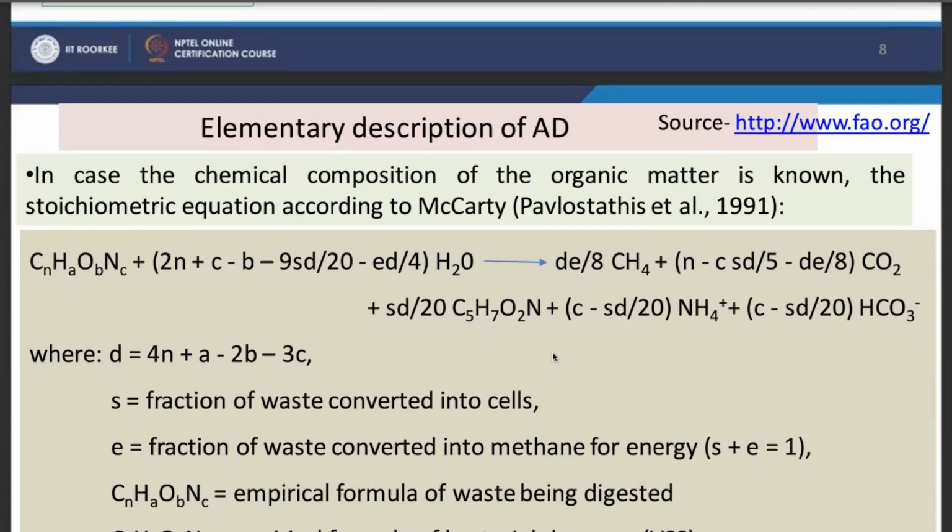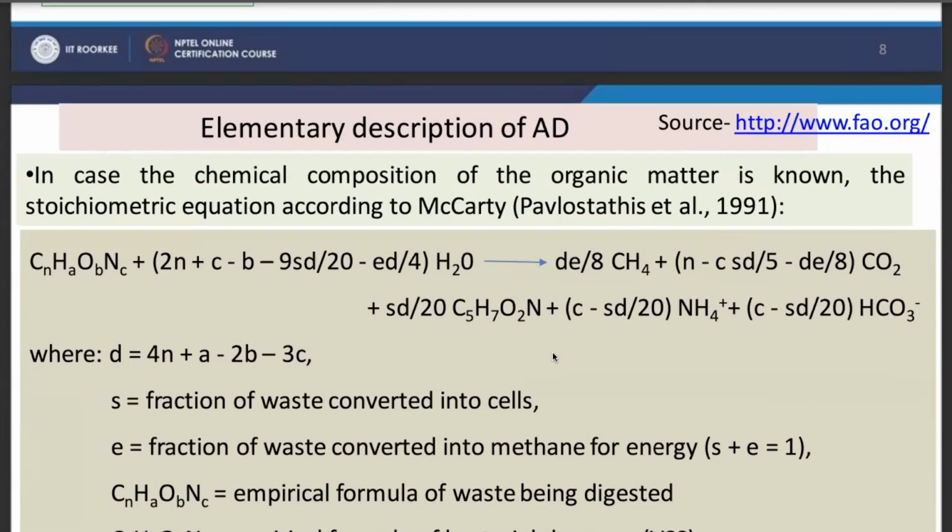So it gives us an overview of the whole process, which we are not able to see, because everything is getting done inside the microbe. We don't know how much of carbon is getting inside the cell and getting converted into biogas, right?